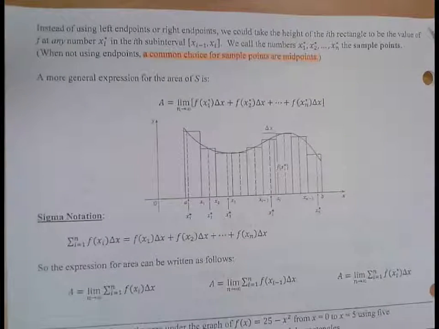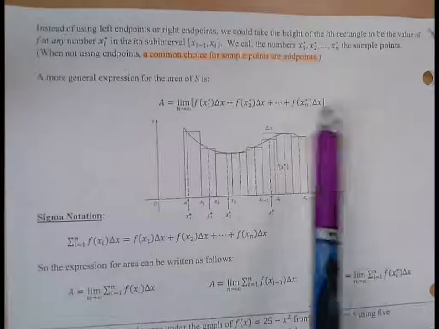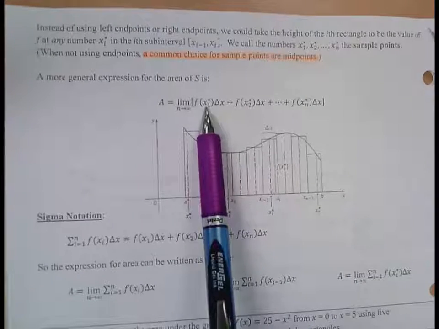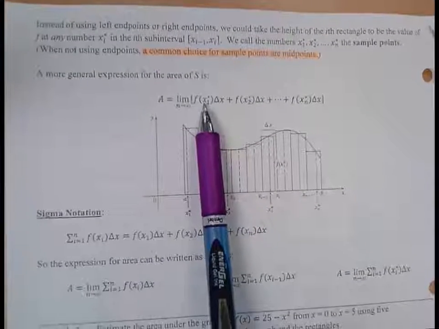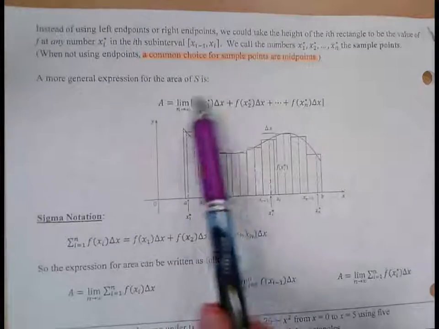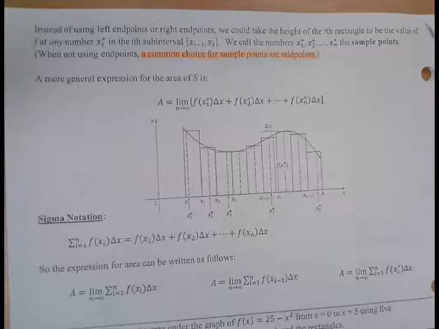So really the three that you're worrying about today are being able to find right endpoint, left endpoint, and midpoint approximations. So this is just an even more general case. So f of x sub 1 star could be the right endpoint, could be the left endpoint, could be any x value in that interval. So just more general. But again, that would be the area.